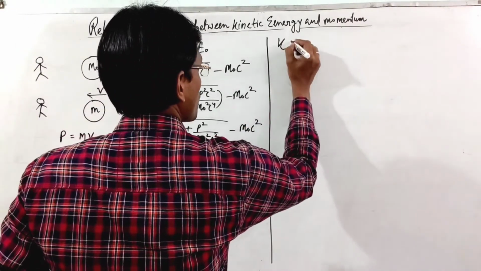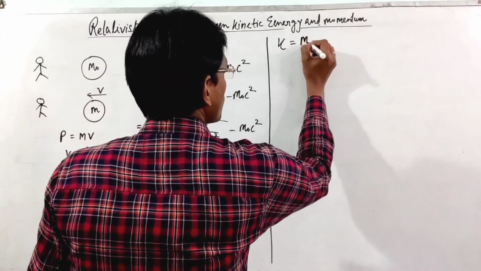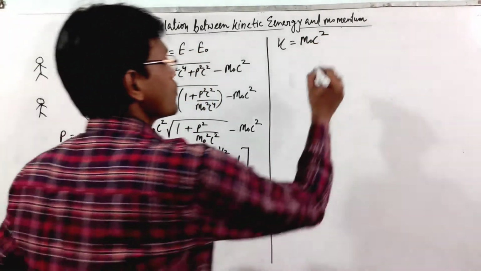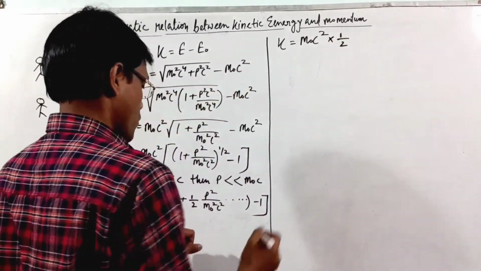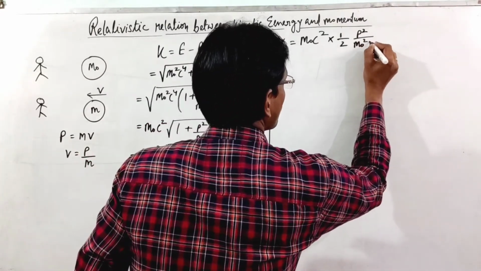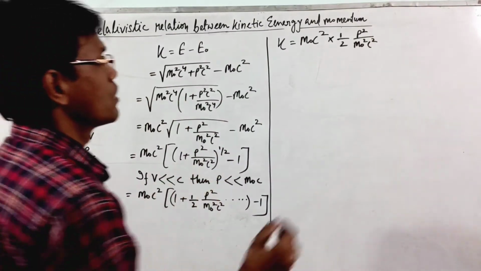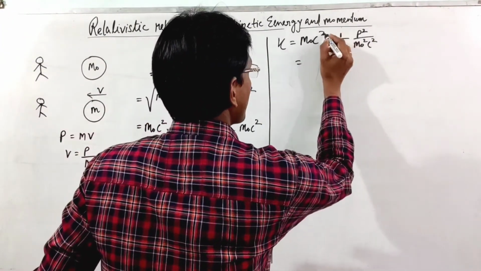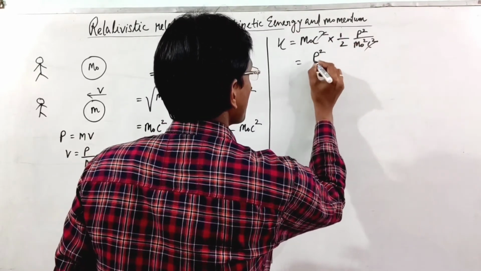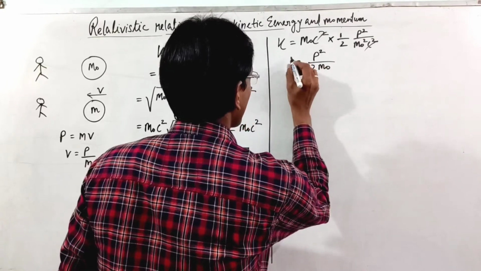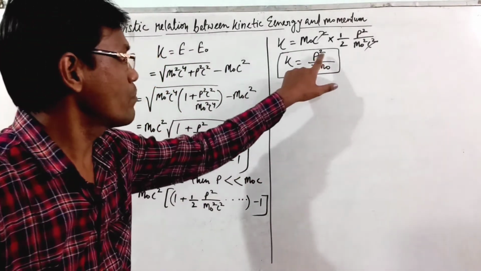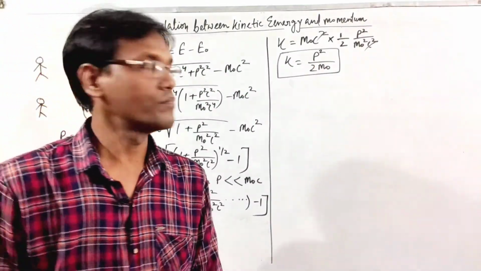Now K equal to m0 c square, here 1 cancels, so half p square divided by m0 square c square, and these other terms are very small. Here c square cancels, and m0, so only p square by 2 m0. K equal to p square by 2 m0. This is the relation between momentum and kinetic energy of a particle.